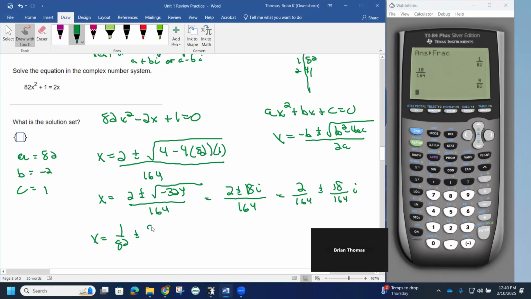So plus or minus 9 over 82i. That's what your solution set is going to be. In these braces, you're just going to write 1 over 82 plus or minus 9 over 82i. That would be one way to express the answer, in that a plus or minus bi form.